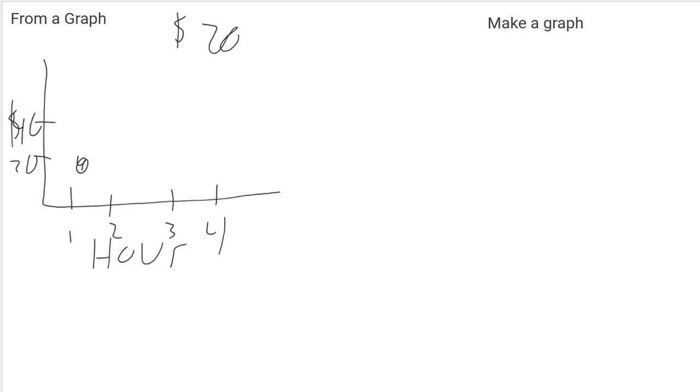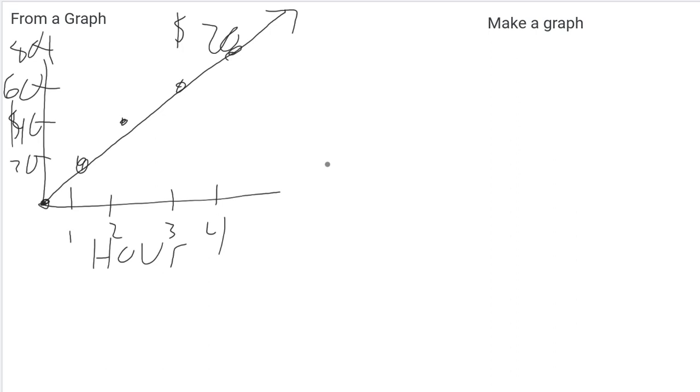In 2 hours, I'm going to make $40. In 3 hours, 60. In 4 hours, 80. And then I draw a line and then go like this for forever. So this says in 0 hours of work, I should get $0 and then go from there.